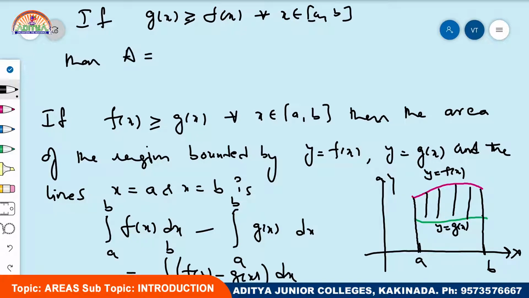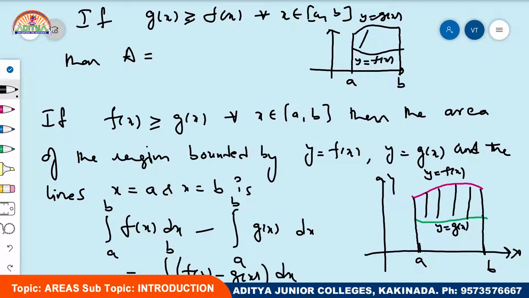You can observe the graph of that. See here. To obtain the area, what is the upper curve? g of x. What is the lower curve? f of x. Therefore, what is your formula?